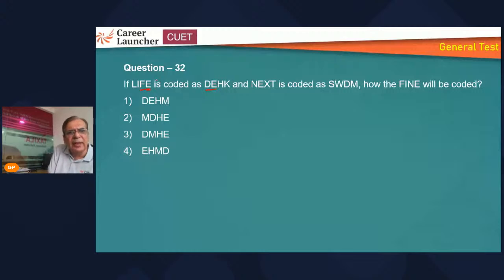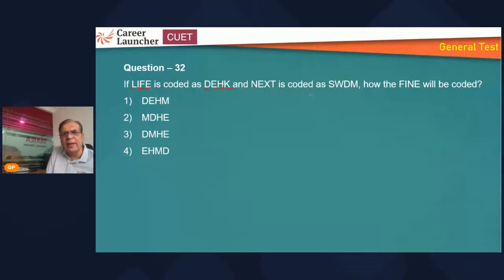So we are starting the reverse. A, B, C, D, E, F, G, H, I. I becomes H, minus 1, and L, K, minus 1. If you look at this closely, you can confirm here.